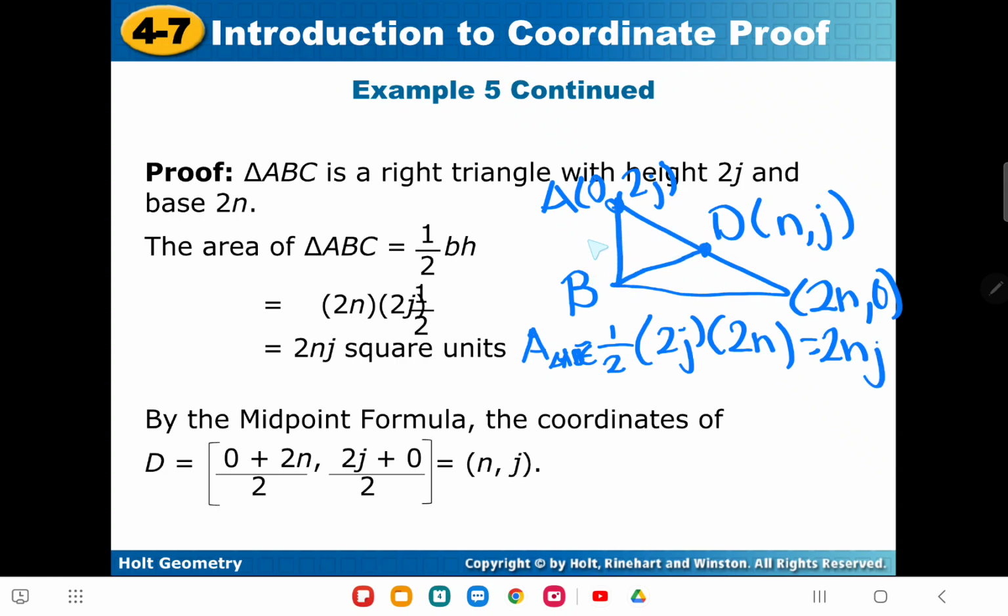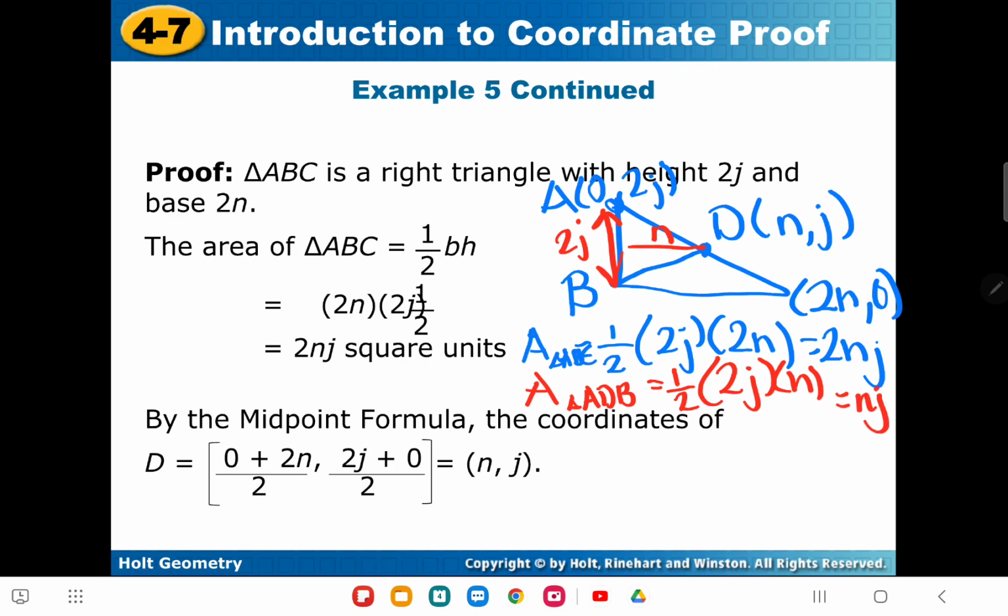My base and height for triangle ABD, this is 2j, this is n, so hopefully already you are seeing that this is going to be in a 1/2 relationship. So this is just going to be equal to nj.